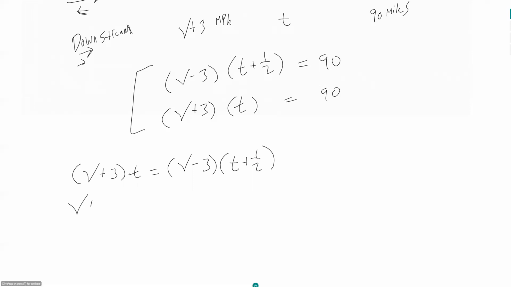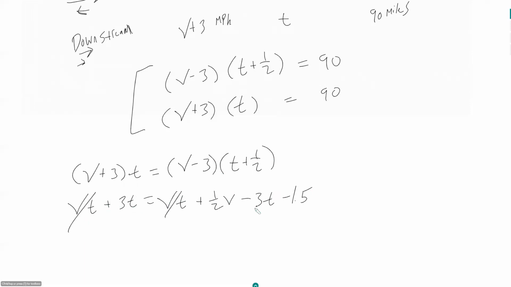So vt plus 3t is equal to vt plus 1/2 v minus 3t minus 1.5. So this is already looking harder than I thought it would be. So our vt's cancel out.